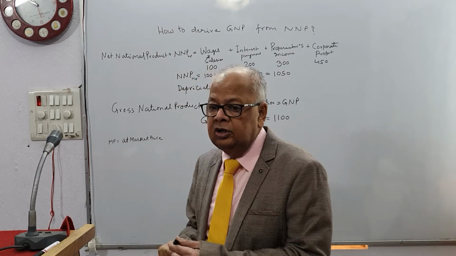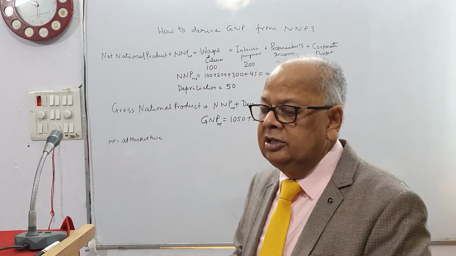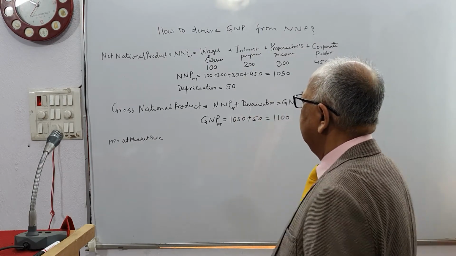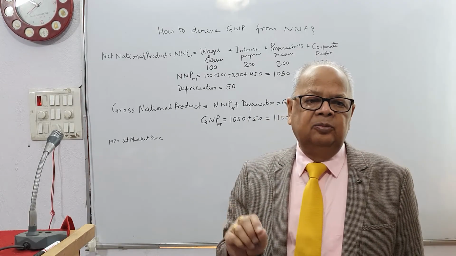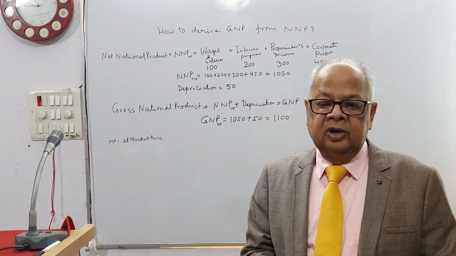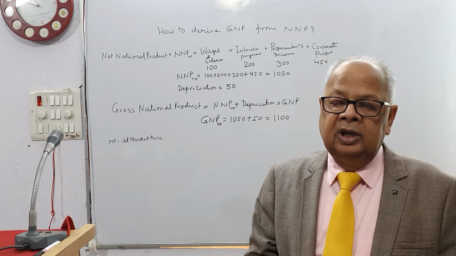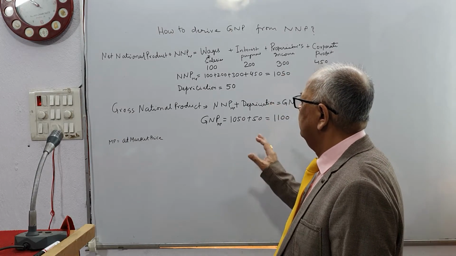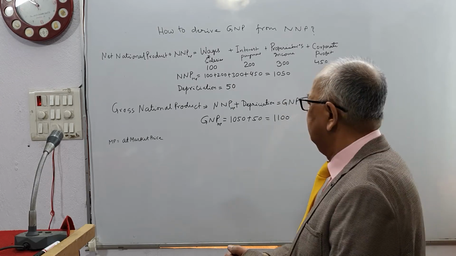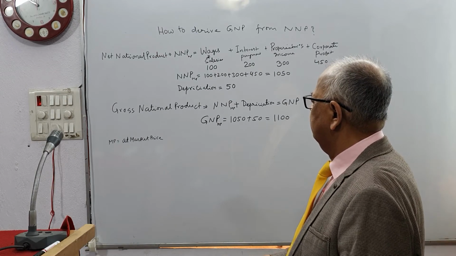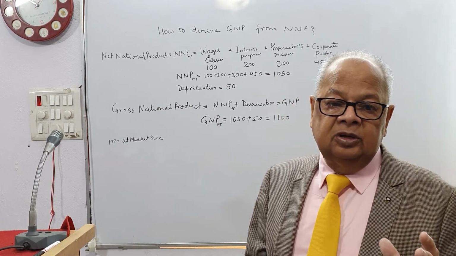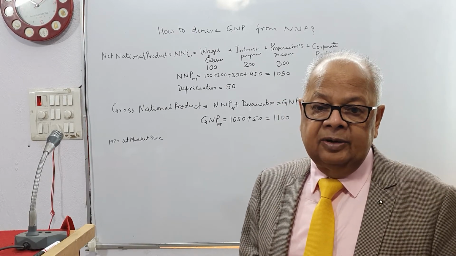So in short, it is always written MP. In the starting period I had not written MP, so that conception must be formed first. Once you know all these things, GNP means GNP at market price.